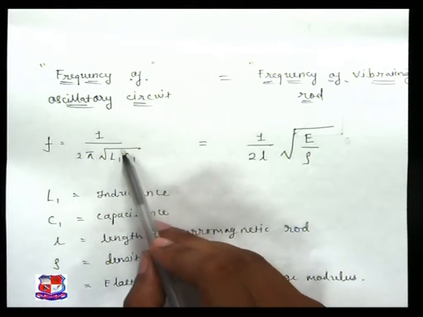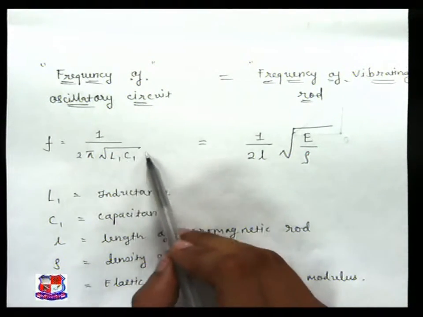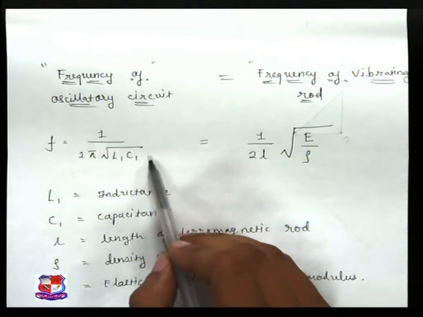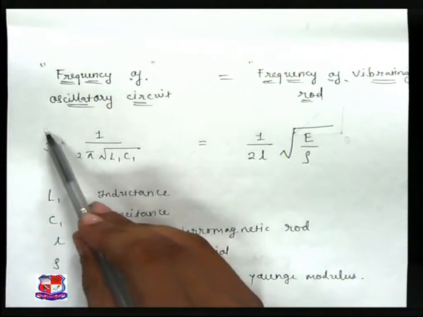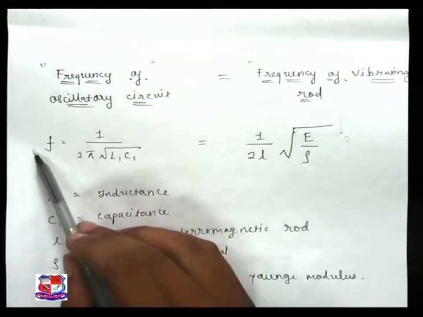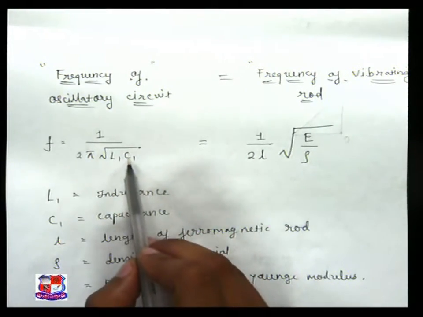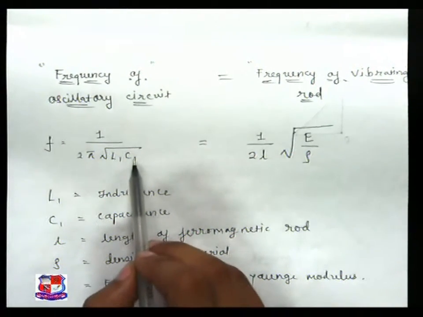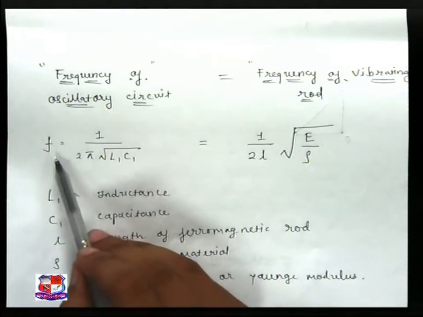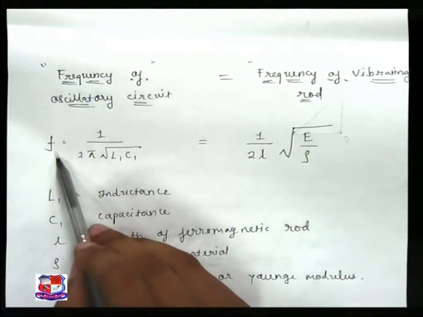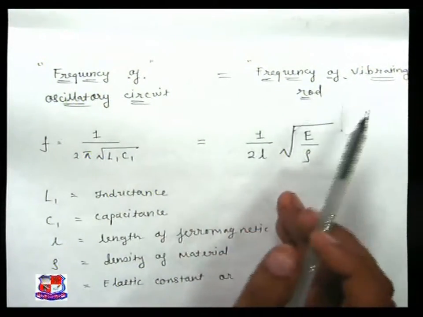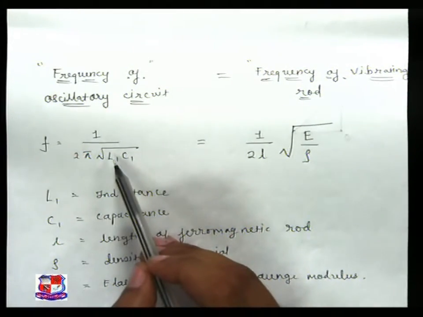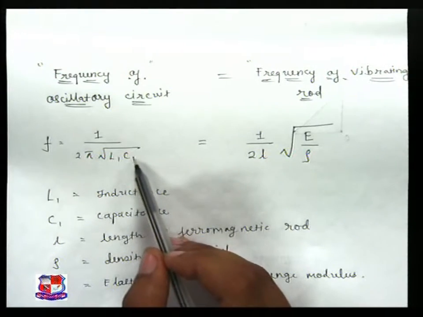Here C is the condenser, and by changing the value of C, you can change the value of f. L is the inductance, C is the capacitance.